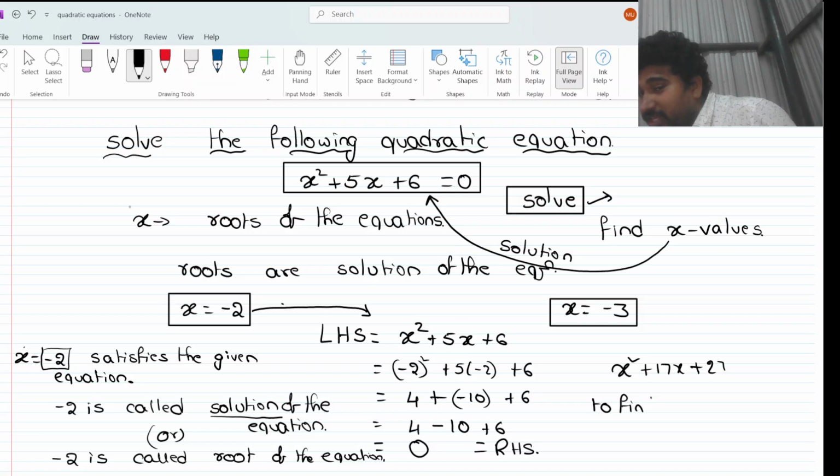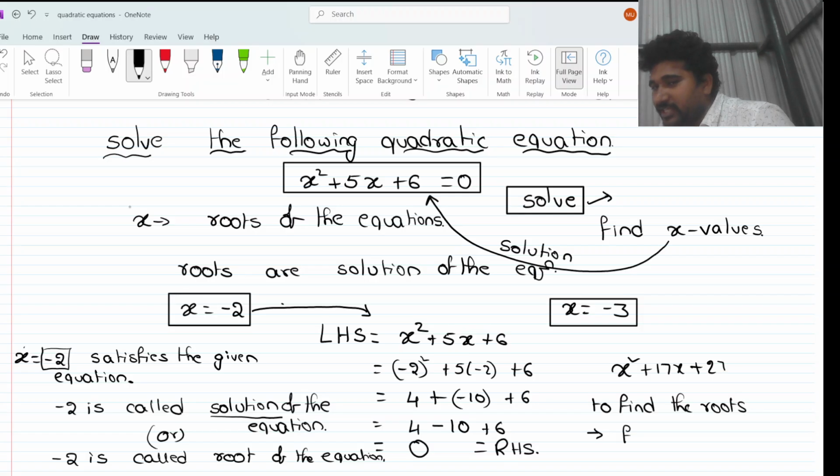That's why, to find the roots, we are going to adopt some standard methods. What are the standard methods?